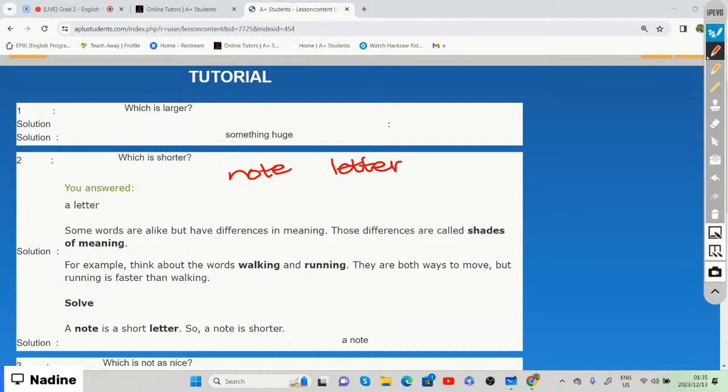And the one that is shorter is a note. A note is shorter, because the letter is a bit longer.